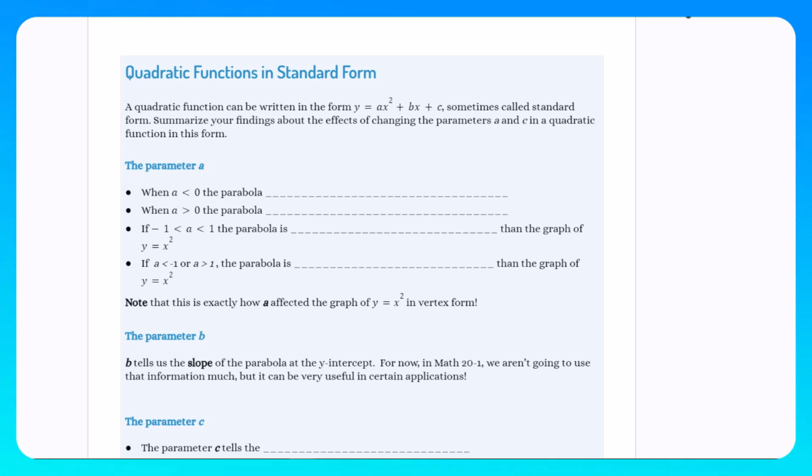So let's look at how the parameter of a affects the parabola. Well, like in vertex form, when a was less than 0, it opened down.